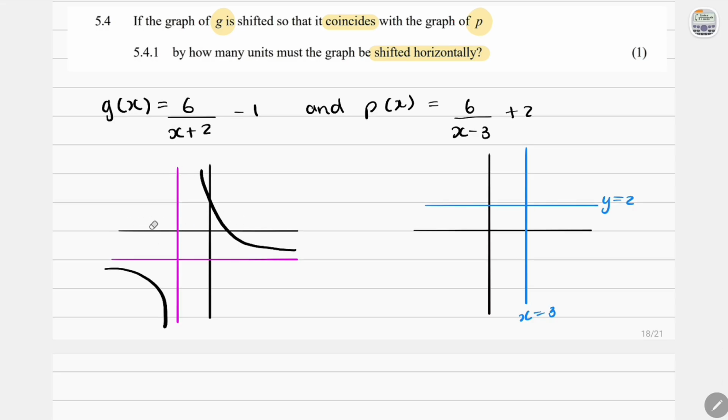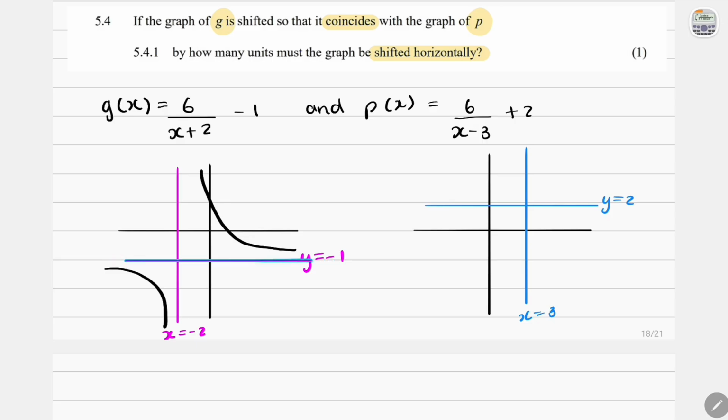If we're moving it left and right so that it matches perfectly with this one, since the value of a is exactly the same, the only thing that is different is the vertical and horizontal asymptote. If this one was x equals 2 and this is y equals -1, horizontal movement would affect which asymptote? Now, I know you'll probably be thinking it's the horizontal asymptote. No.